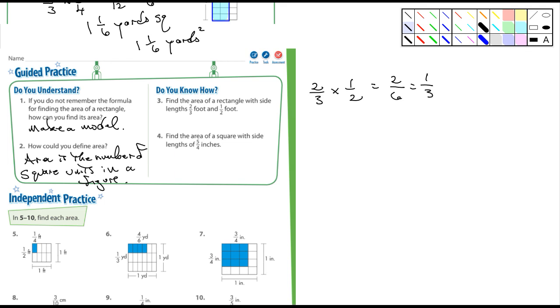So the answer is 1/3 of a foot squared. Okay?